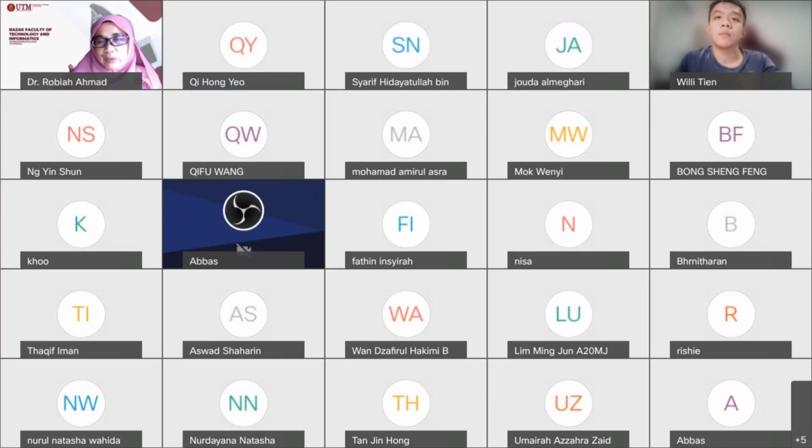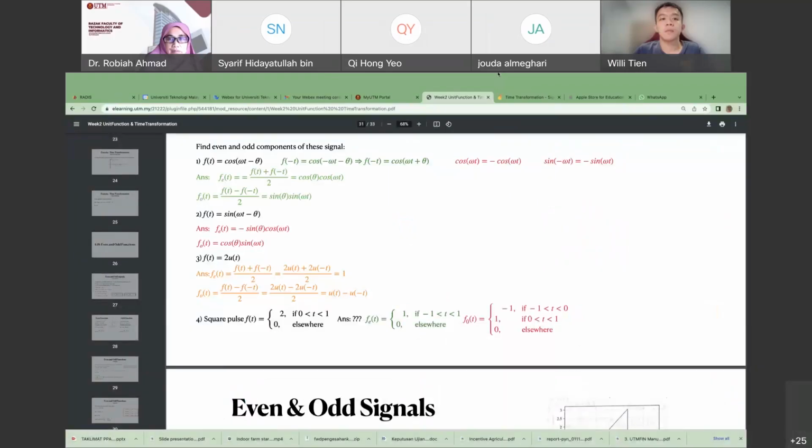Abbas asked, T equal to half, right? This one is for what, Abbas? For first example, second example? What do you mean by T equal to half? Second example with 2t plus 3. You can go to this one, transformation.